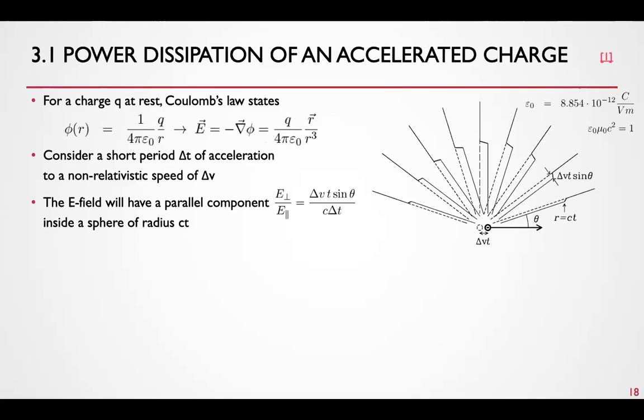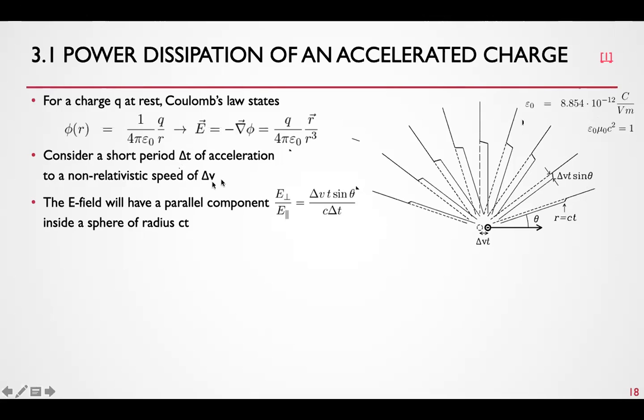I will do it by hand, but first I would like you to look at this picture here. What we have here is a radial electric field of the electron at rest. And now we imagine that for a short period, delta t, an acceleration happens to a non-relativistic speed of delta v.